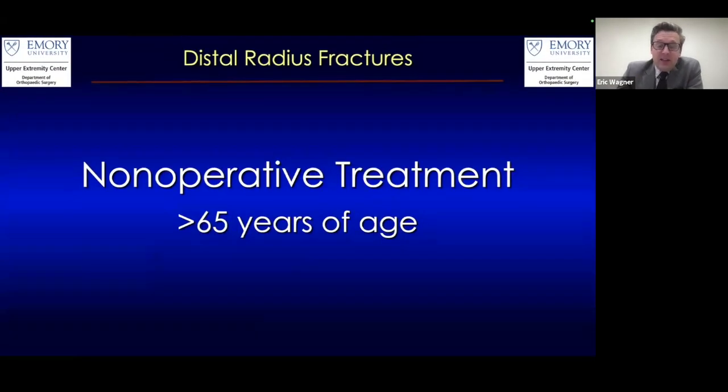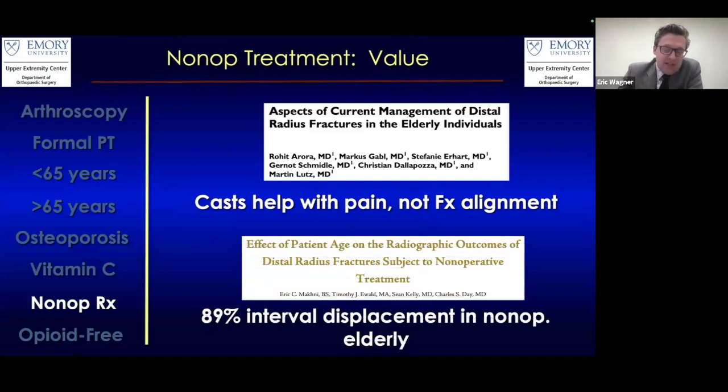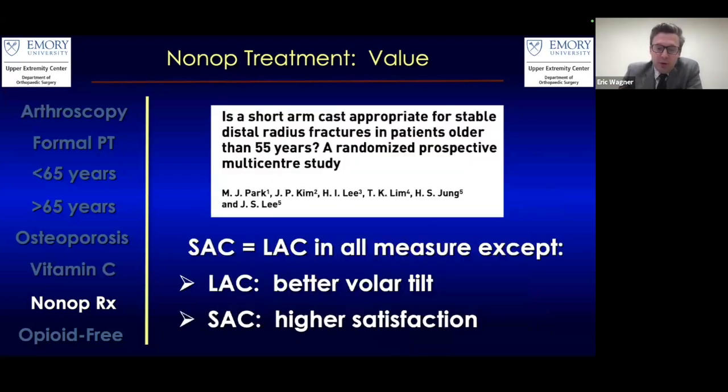All right, now let's say you actually decide to treat somebody non-operatively. Do you need to put them in a long arm splint like I was taught in residency? The answer is potentially not necessarily. I think casts have been shown to not necessarily help with fracture alignment. A lot of elderly patients ultimately will displace regardless of what you put them in.